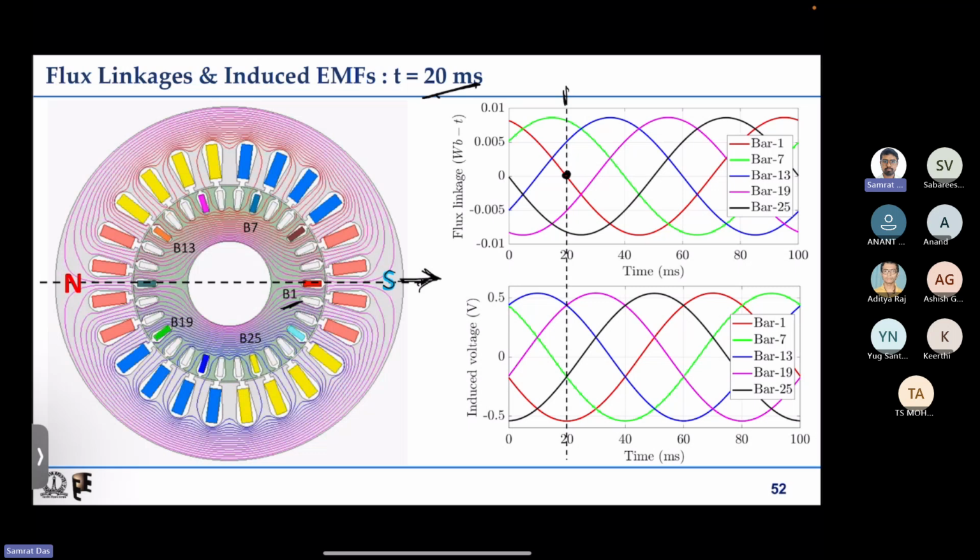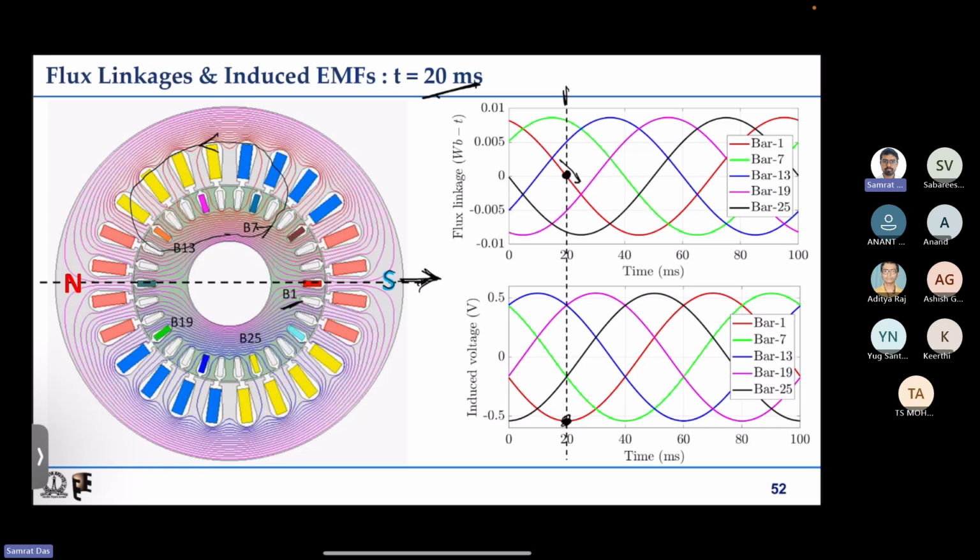So the B1 bar should have a negative induced EMF, because the flux linkage is going from positive to negative. Accordingly, if we draw some flux lines similar to the previous case, you can see that these are anti-clockwise.